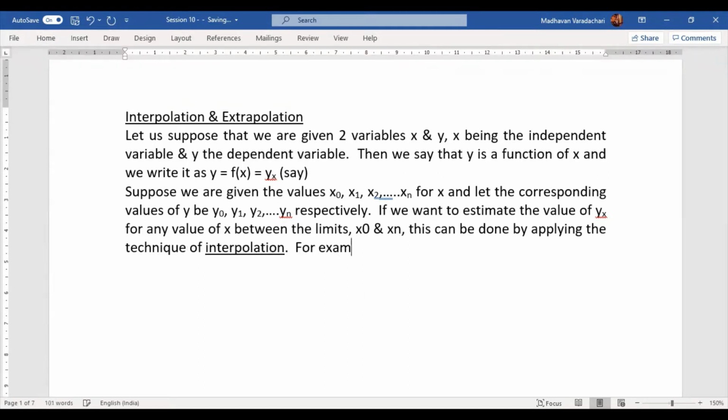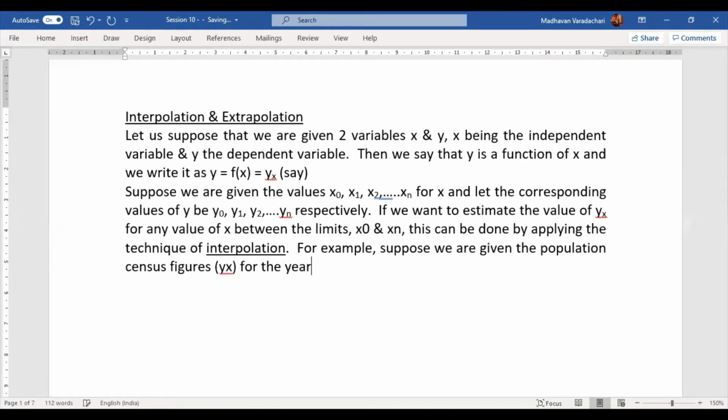For example, suppose we are given the population census figures, say y suffix x, for the years. Let's call those years as x. Let's say it is 1931, 1941, 1951, 1961, and 1971.